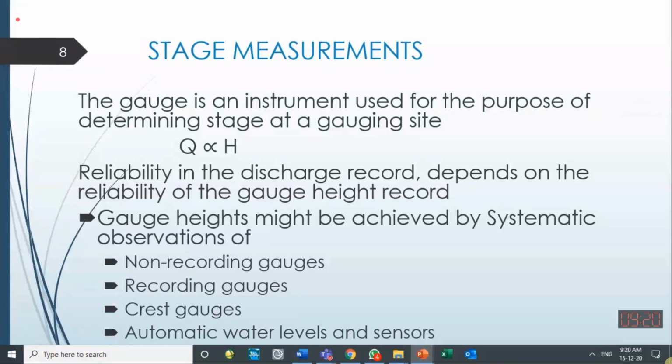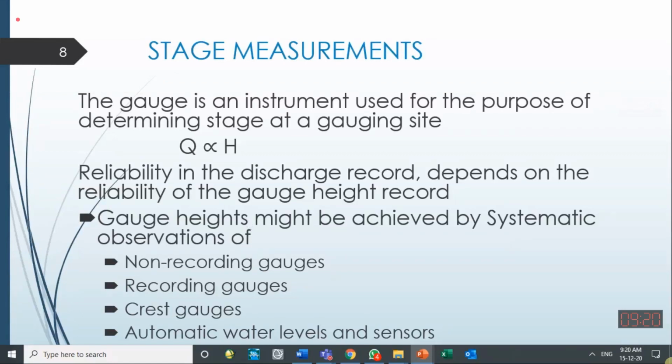Using that stage and that rating curve, we estimate discharge. So if the stage is wrongly measured, and everything else is fine, the rating table was fine, and the conversion is fine, then discharge will be wrong if H is measured wrong. So we have to carefully note the stage. We have to carefully note the level of water.